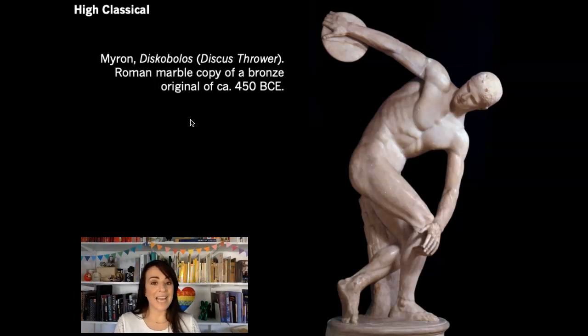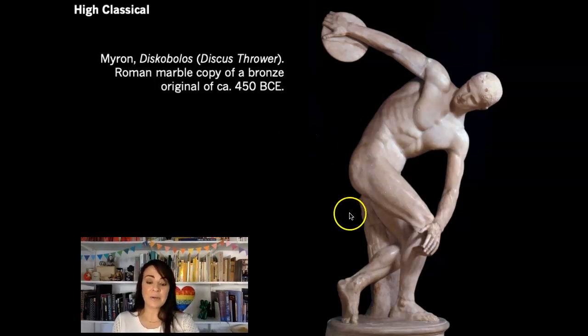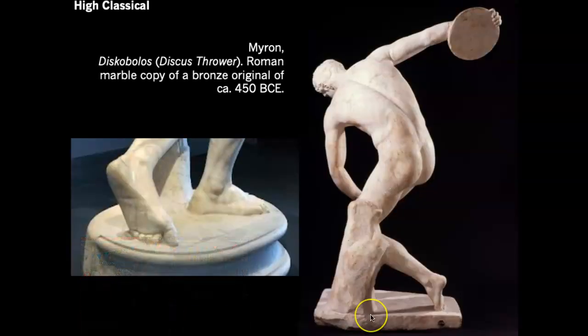You can usually tell if something is a marble copy of a bronze original because they require additional support. Do you see it back here? This stump that is resting behind his leg. Let me find another view. Check it out. So here we are looking at him from behind, and you see this additional block of marble.